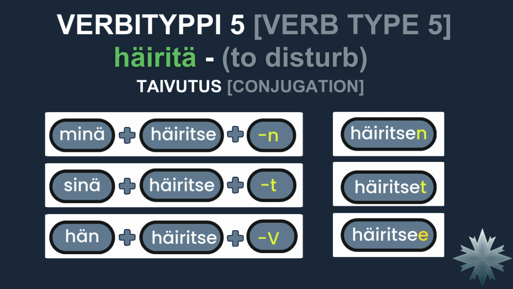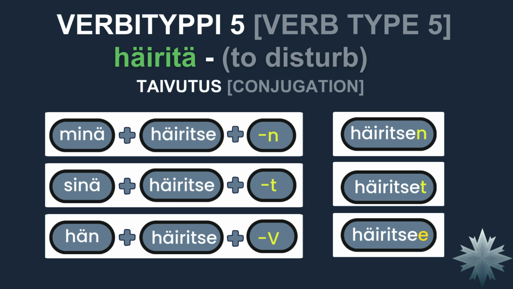Here we will see conjugation or taivutus. Now what is verb conjugation? The verb conjugation means changing the form of a verb to match the subject, as in who is doing the action, or the tense, as in when the thing is happening.